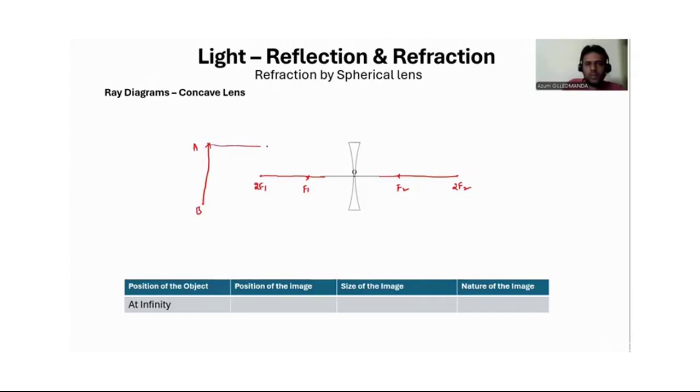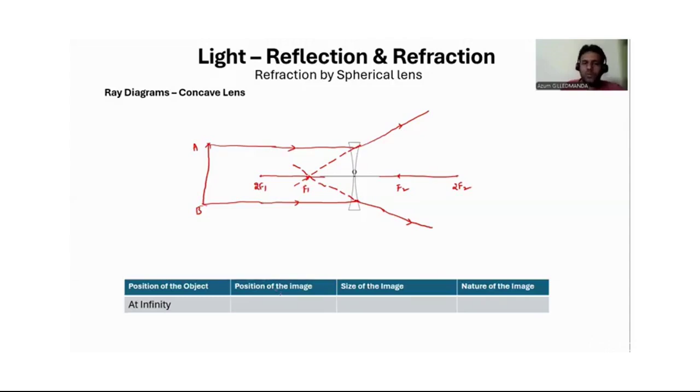When the object is at infinity, I'll draw two rays, one at the top and one at the bottom, parallel to the principal axis. When it is parallel to the principal axis, it diverges out. But if we extend it, it appears that it is coming from the focus point F1. So here, if we extend the line, we can see it. Otherwise, on the right side, we don't see where it is merging.